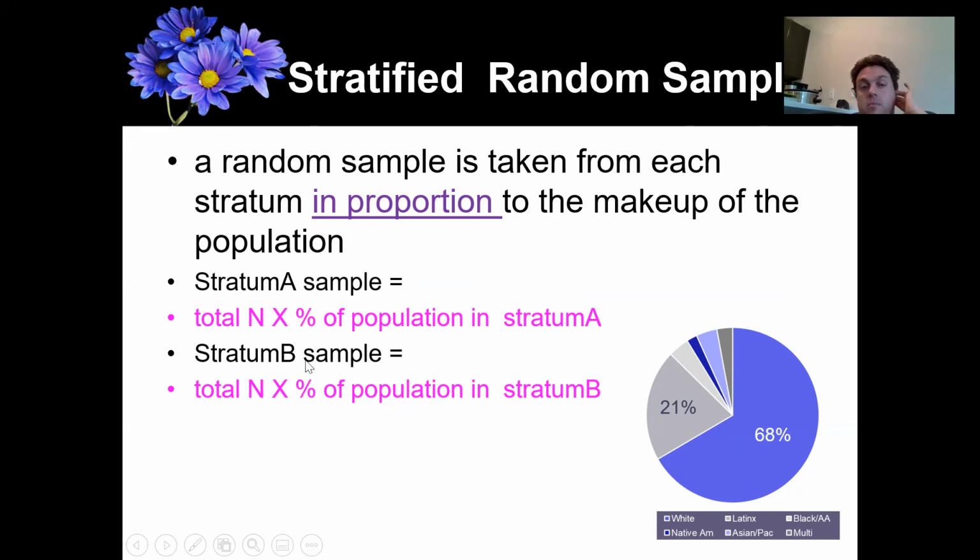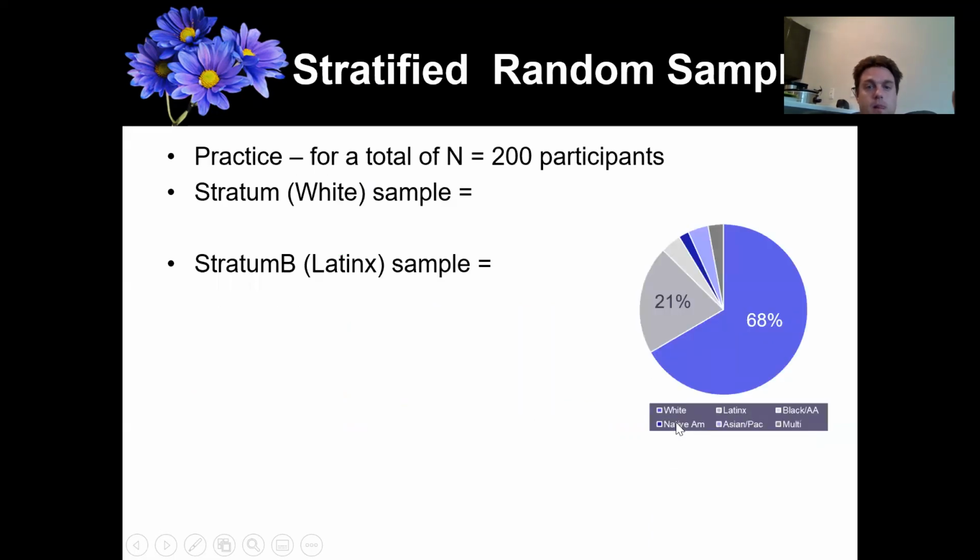And the total number of Latinx in my stratum of the sample should be reflecting the percent of that in the population. So obviously, if it's 21% in the population, my sample should be 21% as well.